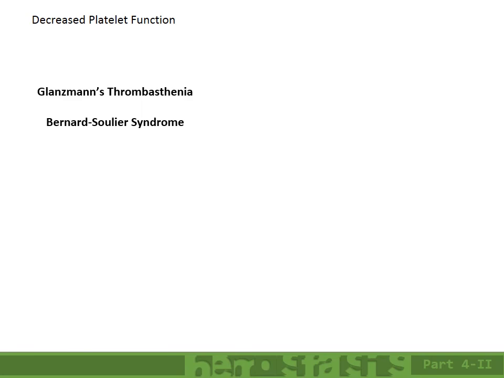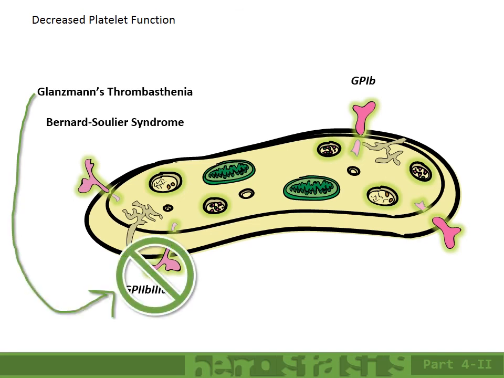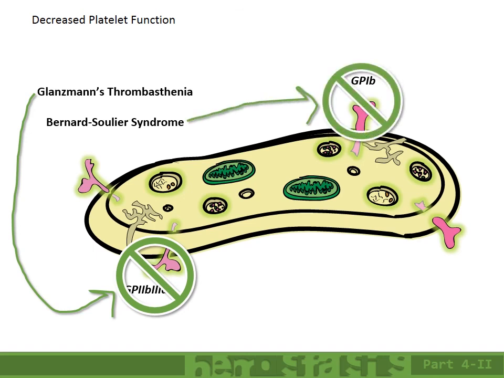Glanzmann's thrombasthenia typically affects the GP2B3A transmembrane glycoprotein receptor. You'll recall this is responsible for binding circulating fibrinogen and leading to platelet agglutination in the final step of platelet plug formation. Bernard-Soulier syndrome tends to affect glycoprotein 1b, leading to defective glycoprotein 1b, which is responsible for binding von Willebrand factor and leading to platelet adhesion.